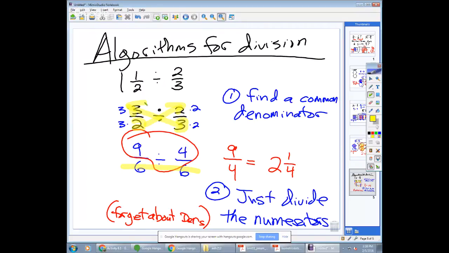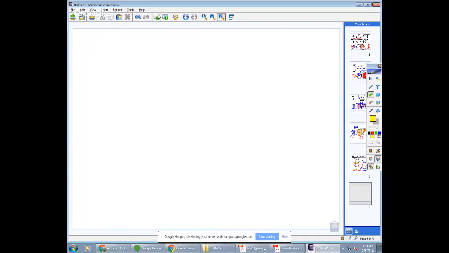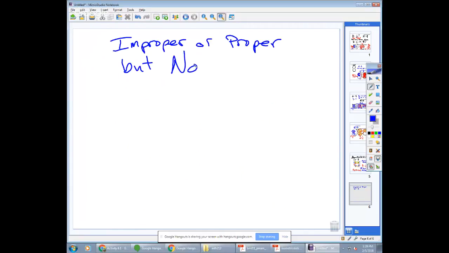So there's kind of a cross-multiply thing going on here. So the better way to look at an arrow algorithm for this is in the following way. Important note: you've got to have improper or proper fractions, but not mixed numbers.